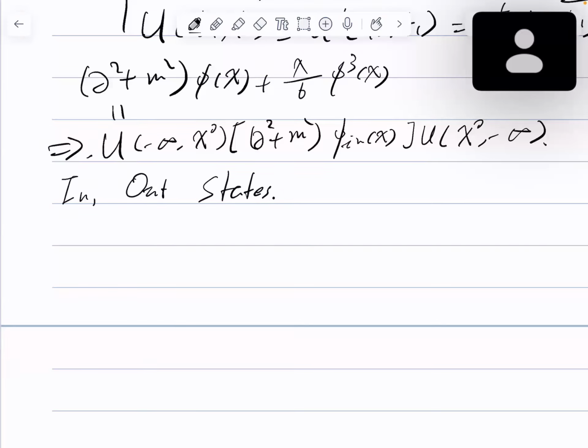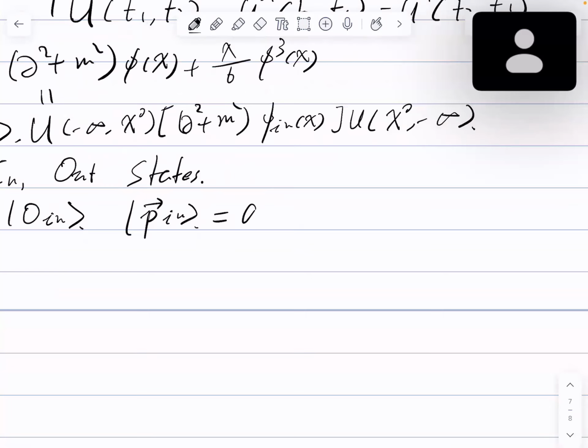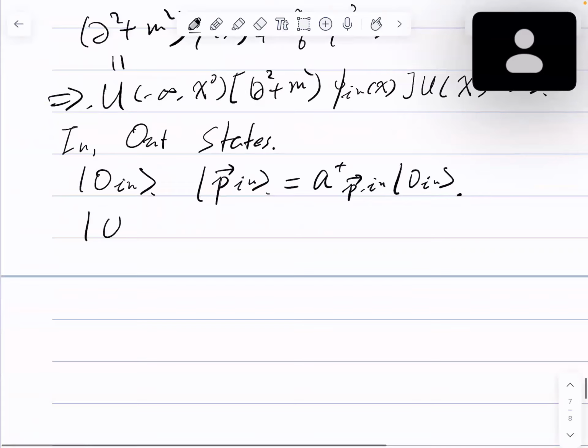Introduce the ground states for the far past, the in states. 0 in is the ground state of the in state, and we can express p in using the creation operator for in states, a dagger P in. And we can do two similar things for the out state.